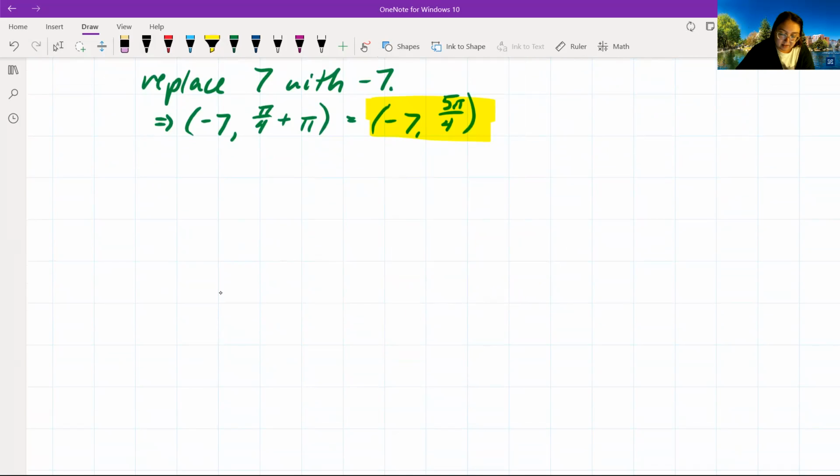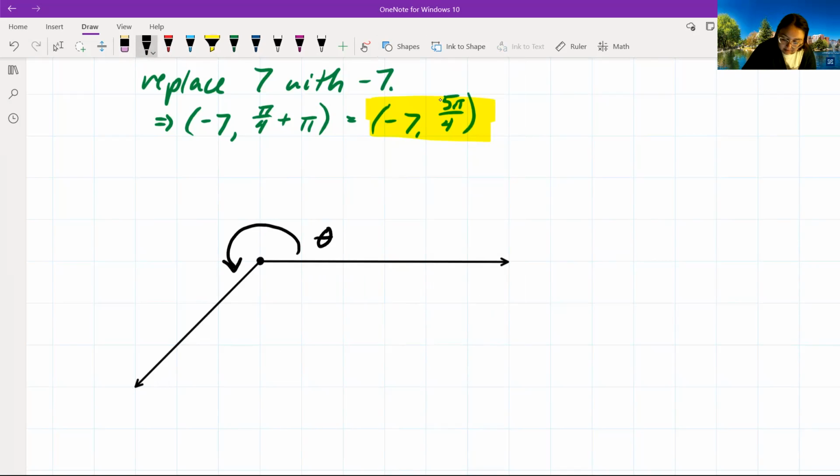All right, if we end up in a polar coordinate system where we have our polar axis here, and we go ahead and draw out a line to about there, we can state that theta, which goes all the way around, is equal to 5 pi over 4.